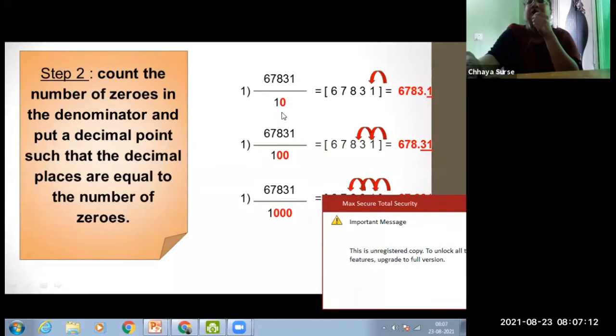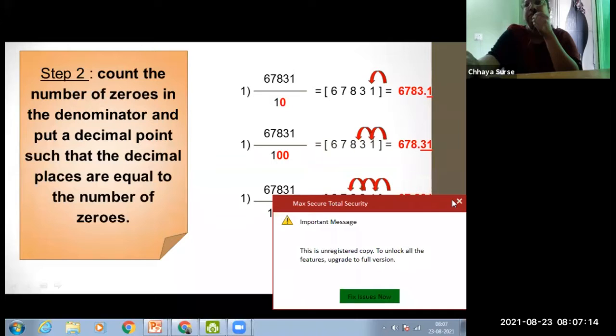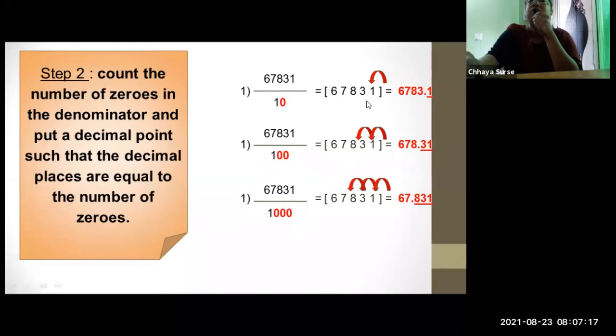Means here is the 1 zero. You have to count from the unit place. So with one zero, the decimal point goes after one digit. Clear? So the number of zeros and the decimal places should be equal.